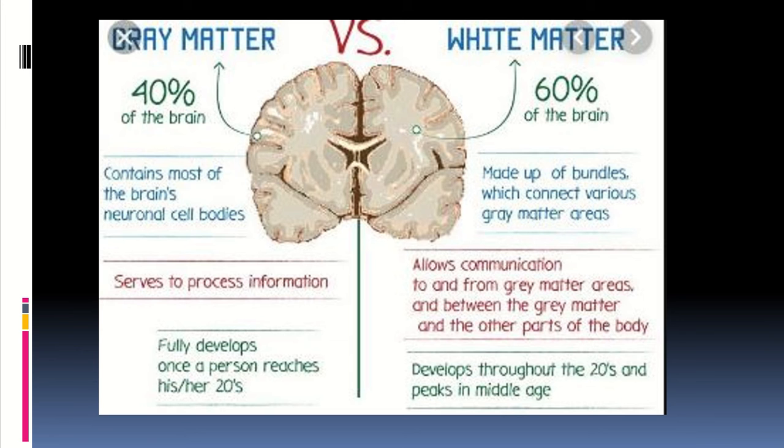Brain is interesting in that your neuron cell bodies, the actual cells themselves, finish developing typically around a human person's 20s, whereas the gray matter develops throughout the 20s up till middle age.